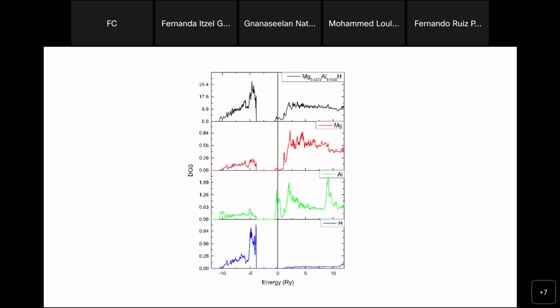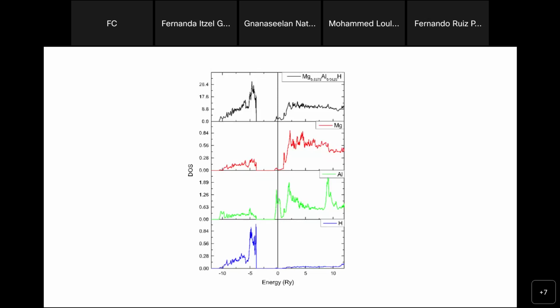To understand such reduction of the strong stability, we study the density of states of the doped magnesium hydride. As we can see from the total density of states, the doped magnesium hydride is still a semiconductor.